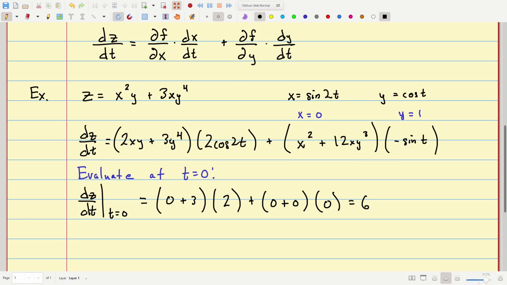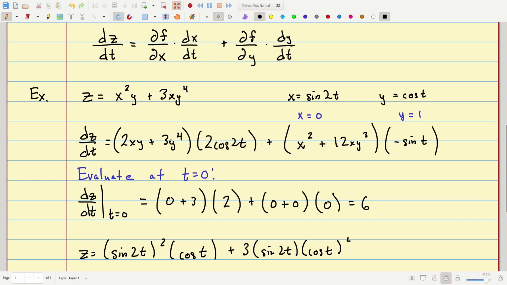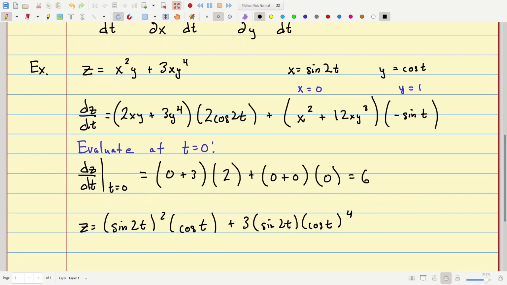Okay. Now, if we really wanted to verify the veracity of this formula in this case, the true test would be to replace all of the x's and y's with their parameter functions, differentiate this thing, and then verify that we get the same answer.